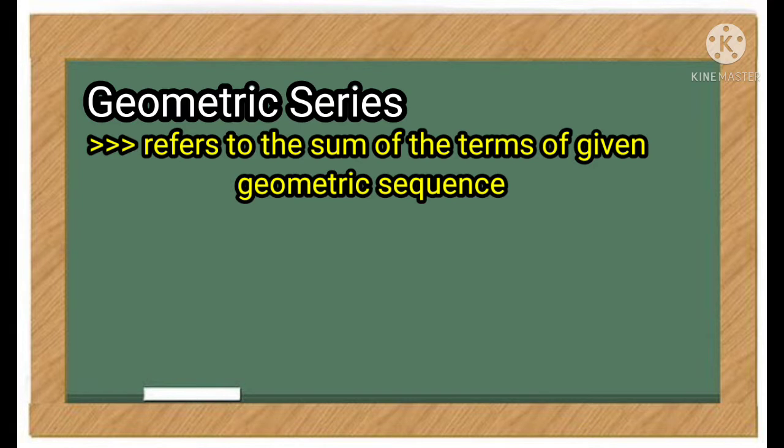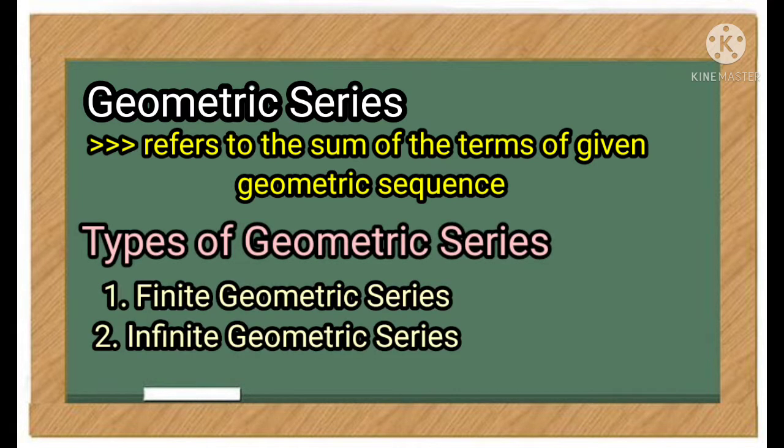And yes, there are 2 types of geometric series. We have what we call finite geometric series and infinite geometric series. For part 1 of this tutorial video, we will be focusing first on finite geometric series.